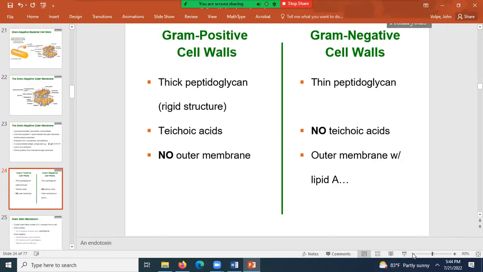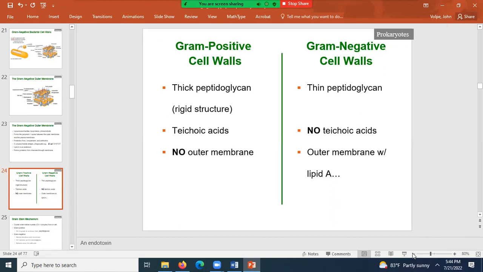If there's no questions, let's talk a little bit about the difference between the gram-positive cell wall and the gram-negative cell wall. The gram-positive cell walls have a thick peptidoglycan layer, giving the cell a rigid structure. The gram-negative cell walls have a thinner peptidoglycan layer, and they're less rigid. I wouldn't say they're terribly pliable like a spirochete, but they're less rigid.